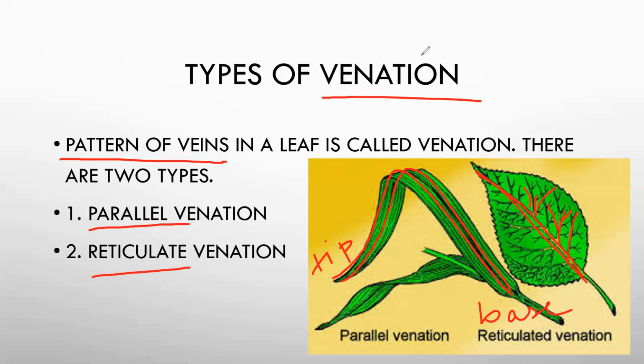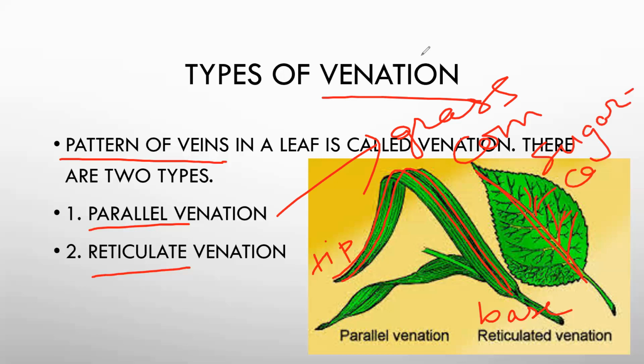So when you find this kind of pattern of veins in a leaf, then it is said to have parallel venation. Parallel venation, you will find in grass, corn leaves, sugarcane, and so on.